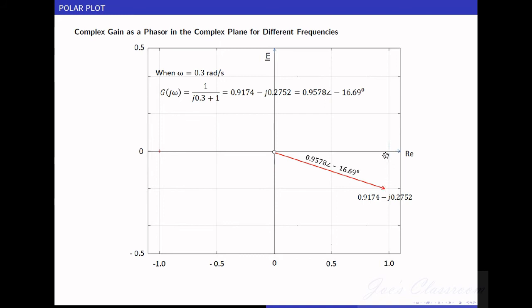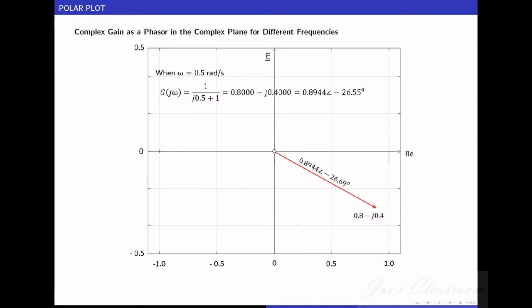So this is the point and I can draw the phasor. Again, if it is converted to polar form, the magnitude is going to be 0.9578 and the angle is minus 16.69. Since it is a negative angle, it has to be taken in the clockwise direction. So this angle will be minus 16.69 degree and the magnitude is 0.9578.